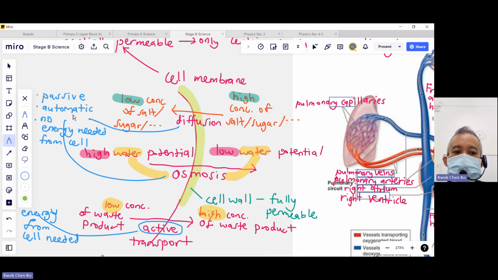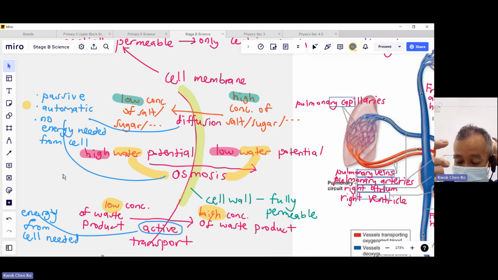For active transport to work, you need to supply energy. Where does energy come from? Energy, respiration. Yes, good. Obviously, energy comes from respiration of the cell.